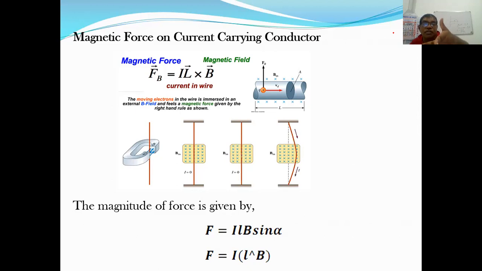Then the force due to the charges moves it up, in the upward direction, right? So the equation for the force is F is equal to I delta L cross B. Finally, taking the perpendicular direction, the force is equal to BIL.